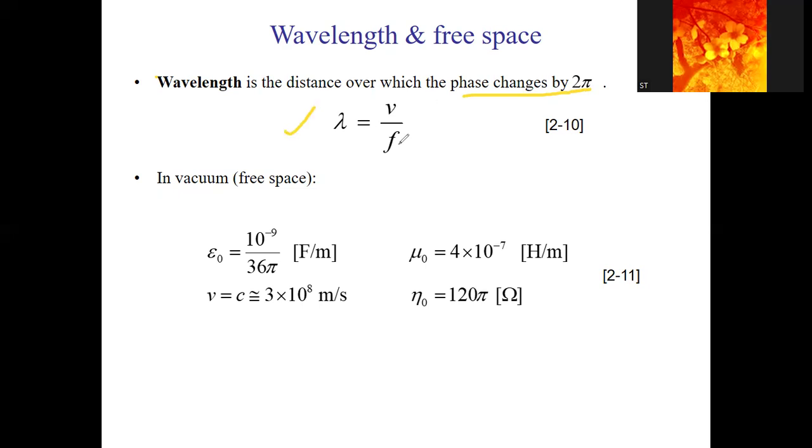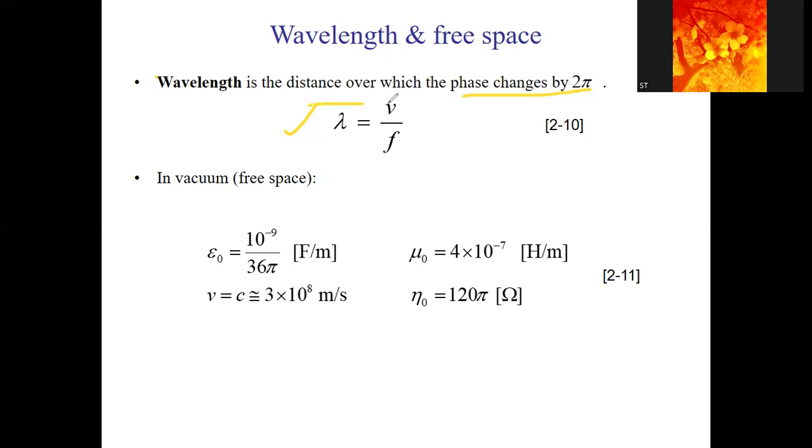If we are considering free space, then these are a few constants whose values are mentioned and which will be used to find out the refractive index of any medium when the light signal is traveling in different media.